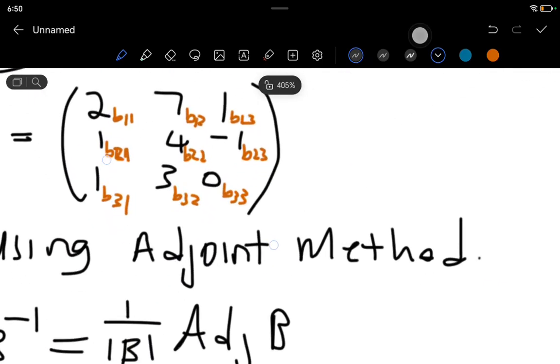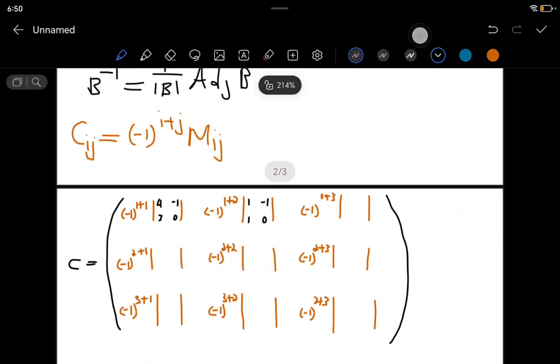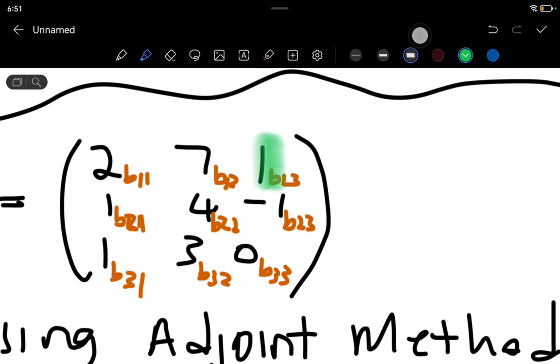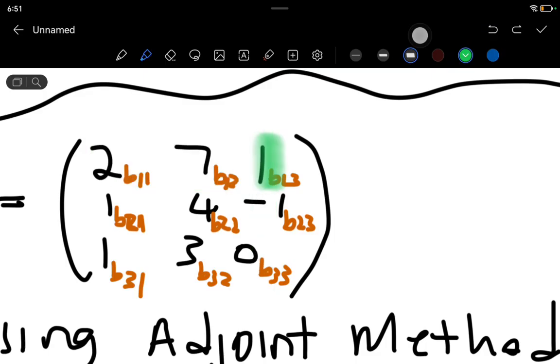Oh, minus 1 is on top, so minus 1, 0. You see, right? Then I come to the third one, the last one at the corner. It's going to be circled with this one and this one. When I circle these, I'm left with 1, 4, 1, 3.